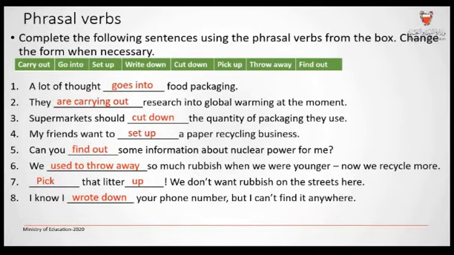We used to throw away so much rubbish when we were younger. Now we recycle more. I remember Mr. Sadiq's lesson about the grammar point used to. And of course, he put in a lot of effort into explaining the use of used to.